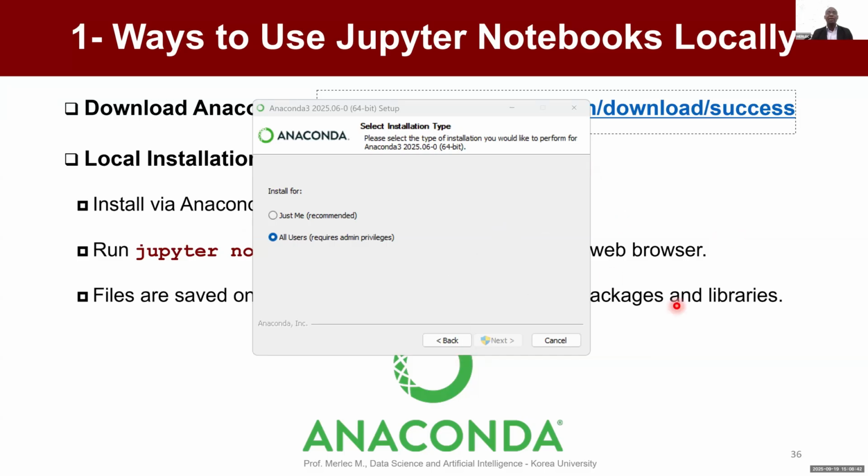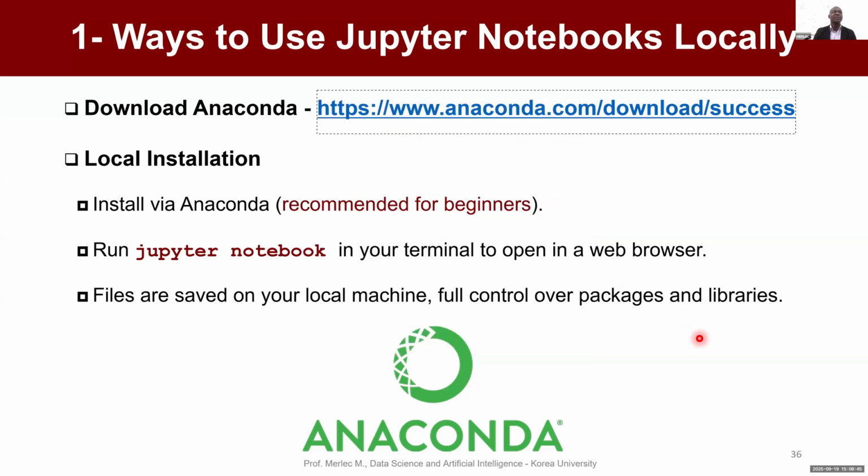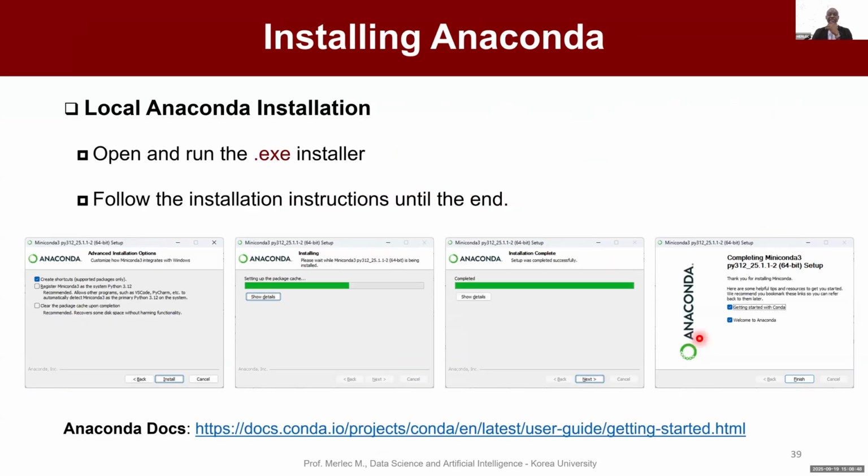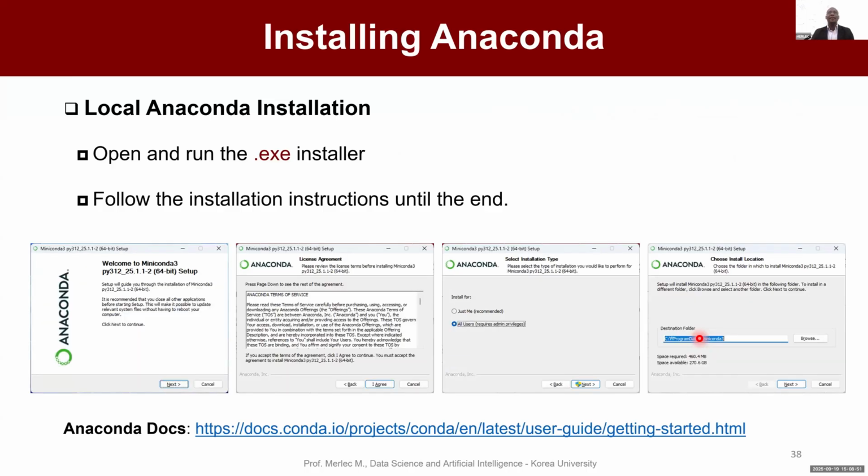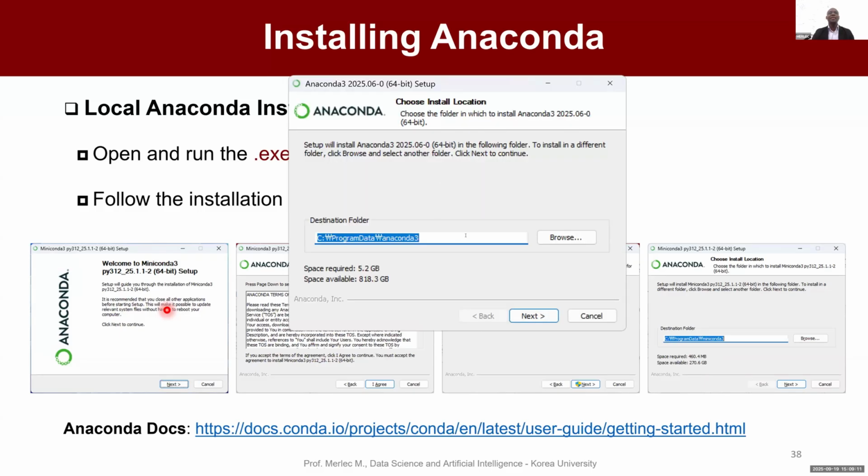While it's going on, I will go ahead with this content. I already covered that, so it's quite easy. You just follow next, next, next. If you want to specify a path, you can, but you can just leave it as default to make it easier. This is the step where we are. We have to select the path where to put the Anaconda files. You can see here, it says it requires at least 5.2 gigabytes. So you have to make sure that you have enough space.